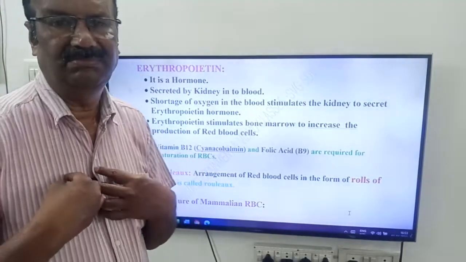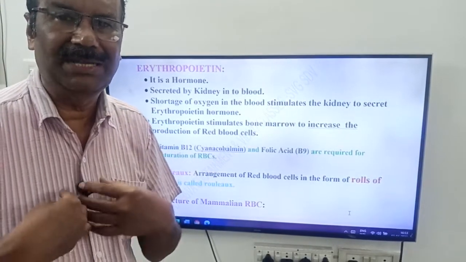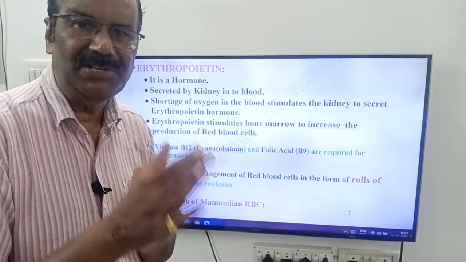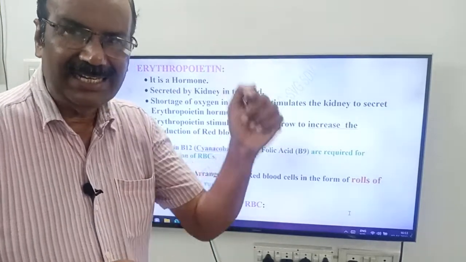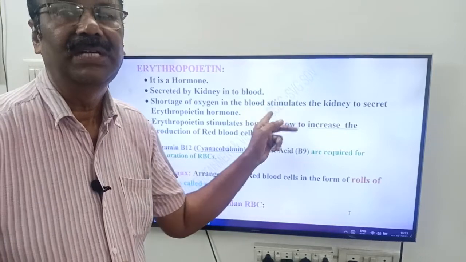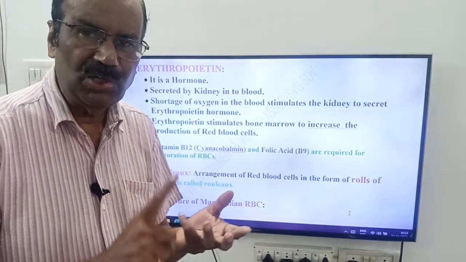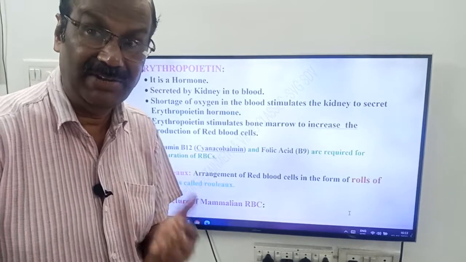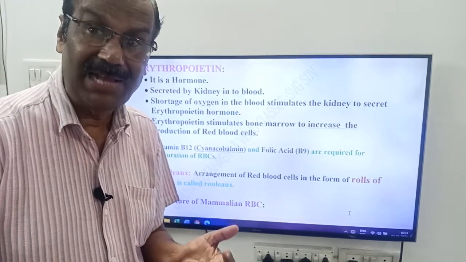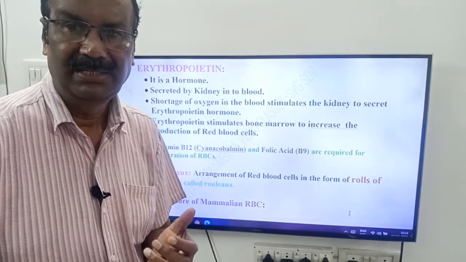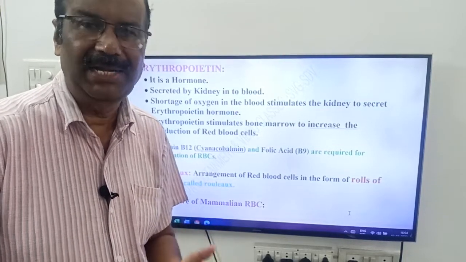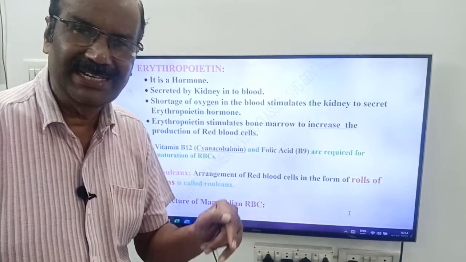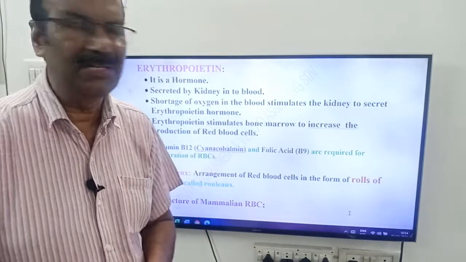So when we have less oxygen content in the blood, this blood stimulates the kidney. Then that kidney secretes what, friends? Erythropoietin. So erythropoietin is a hormone secreted by the kidney when the blood has less oxygen content. The less oxygen content blood stimulates the kidney, then the kidney secretes a hormone, that is erythropoietin.